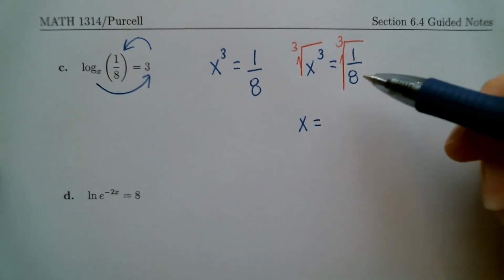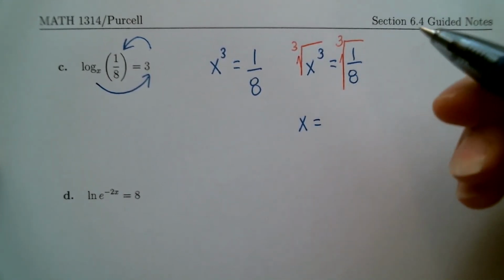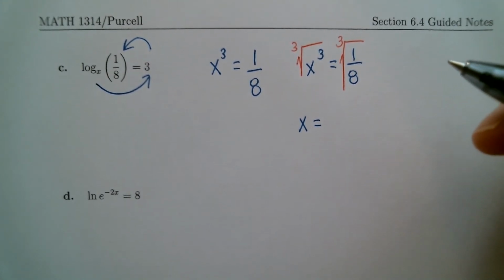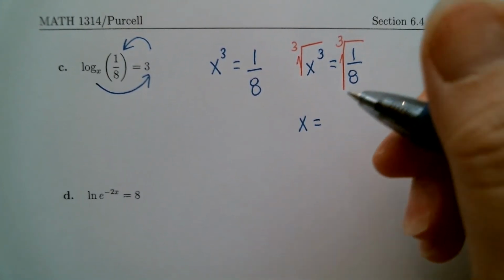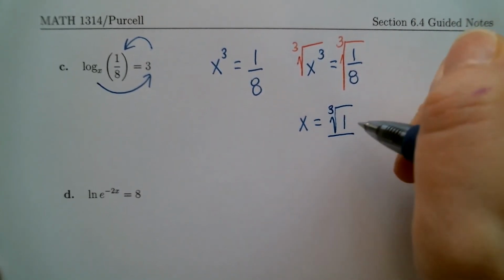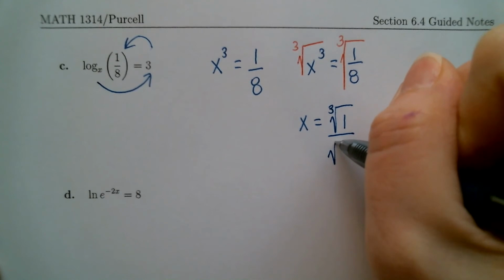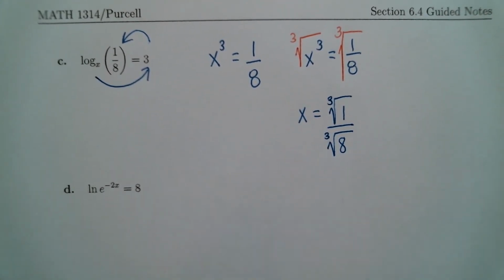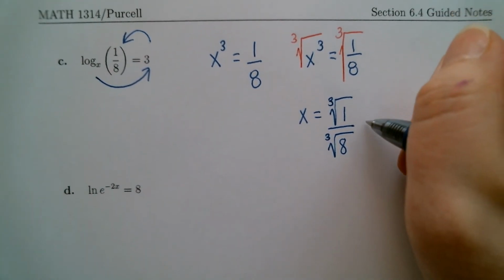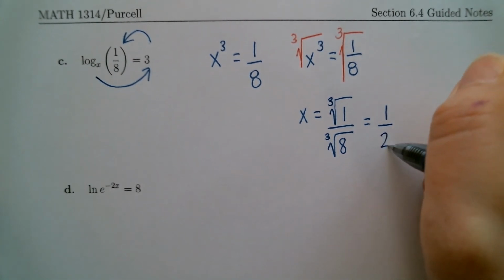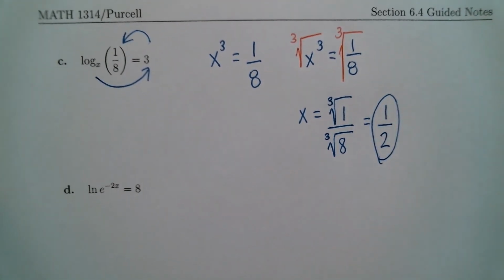If you're not sure how to handle this, anytime you have a square root, a cubed root, a fourth root, whatever, and you have a fraction underneath, you are allowed to make it the root of the top divided by the root of the bottom. So in this case, you can break this up into the cubed root of the top divided by the cubed root of the bottom. The cubed root of 1 is 1, and the cubed root of 8 is 2. So the answer is 1/2.